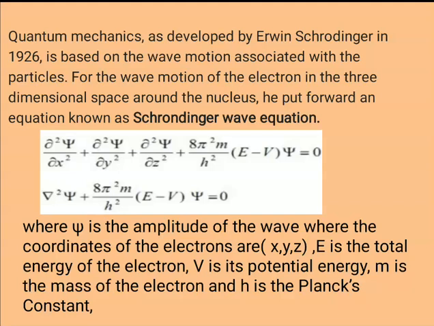For the wave motion of the electrons in the three-dimensional space around the nucleus, he put forward an equation called Schrödinger wave equation, which states that ∂²ψ/∂x² + ∂²ψ/∂y² + ∂²ψ/∂z² + (8π²m/h²)(E − V)ψ = 0.